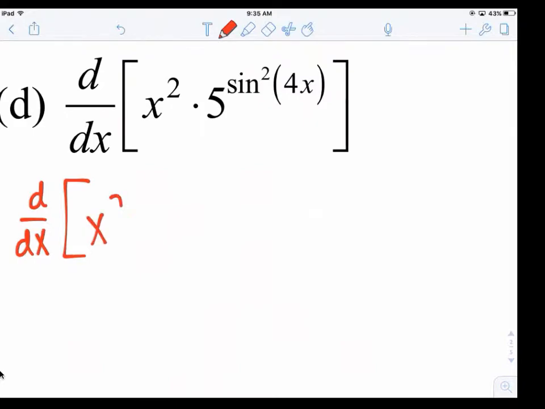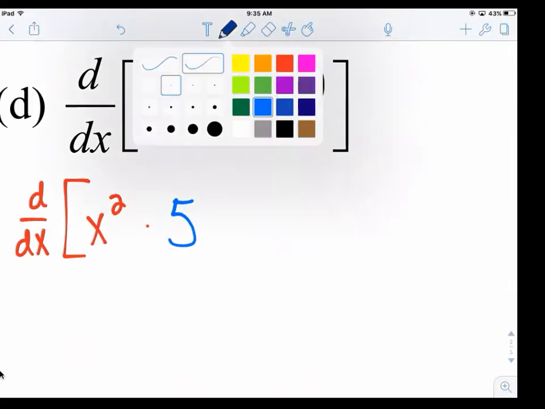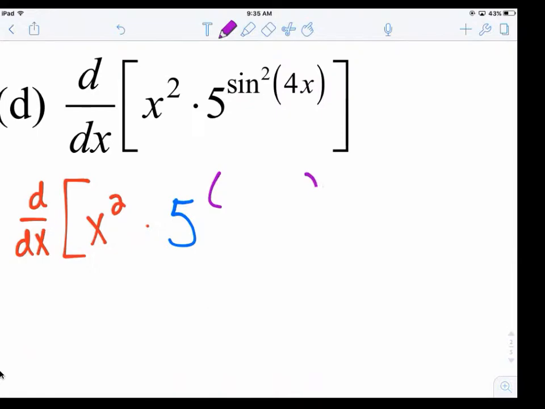So you have x squared times 5 to the, right, you have squared, you've got sine, and then 4x.